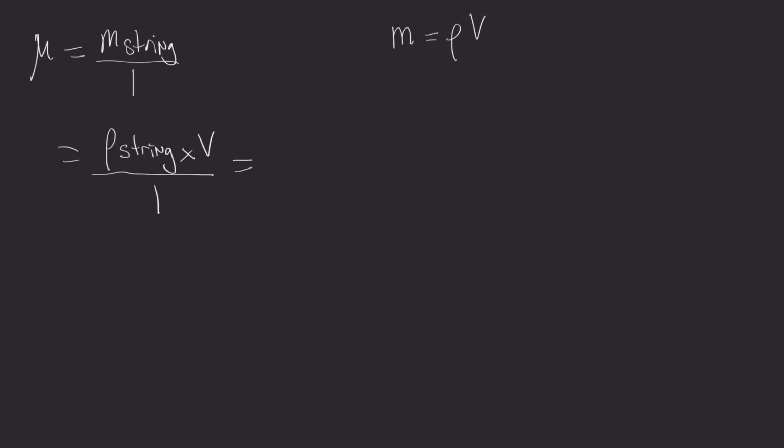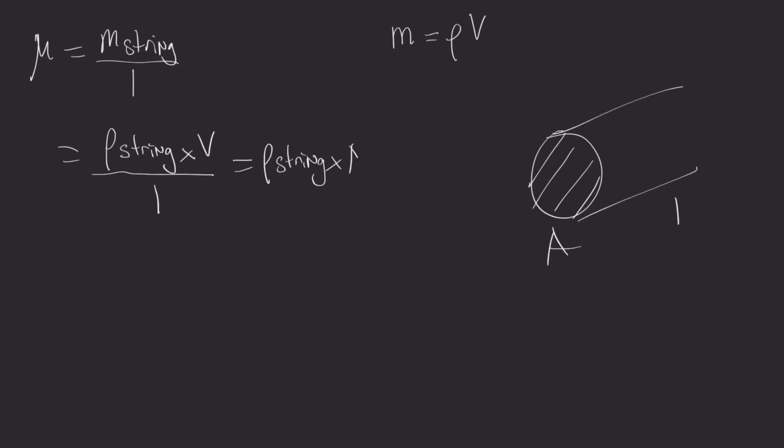But because our volume for a circular cable is just going to be equal to the cross-sectional area multiplied by the length, then this will be equal to the density of the string multiplied by the cross-sectional area multiplied by the length, divided by the length. And notice how the two lengths are going to cancel. So this means that our mass per unit length will just be equal to the density of the string multiplied by its cross-sectional area.